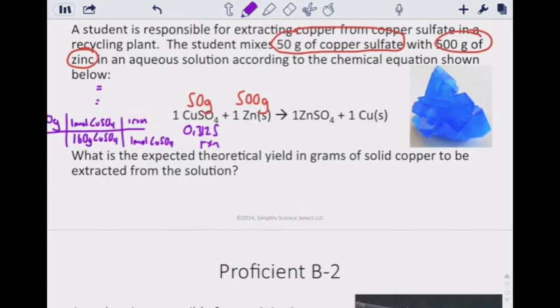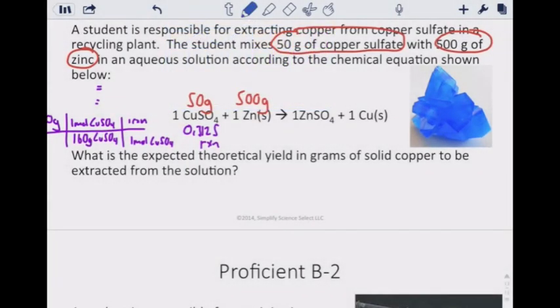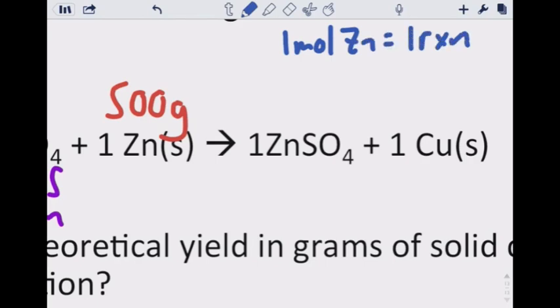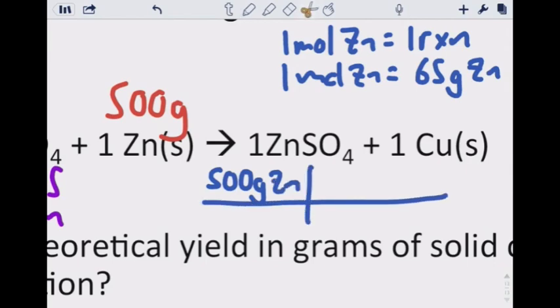Okay, we'll do the same thing for zinc. So we'll take zinc and do the exact same thing. We'll do zinc in blue. So when we're looking at this, we know that 1 mole of zinc makes 1 reaction, and we know that 1 mole of zinc is right around 65 grams of zinc. And we start with what we're given. We're given 500 grams of zinc. And we set everything up. We put our grams on the bottom.